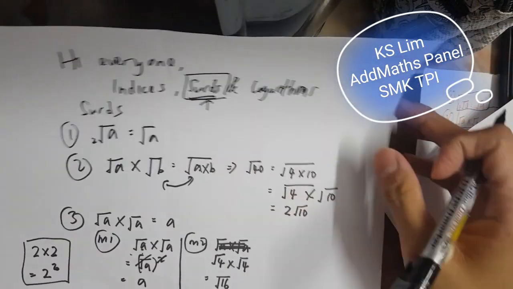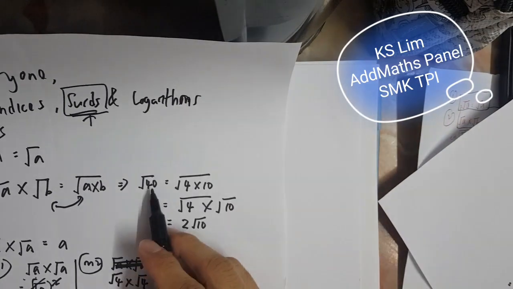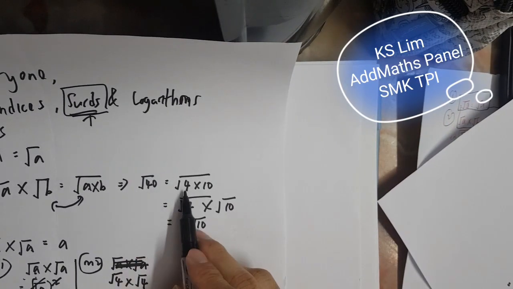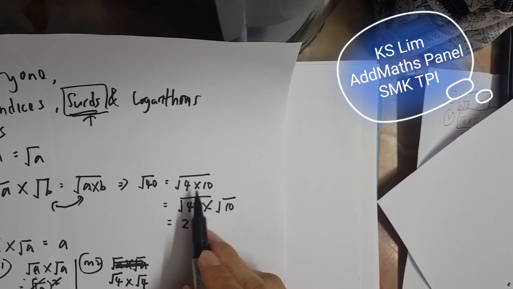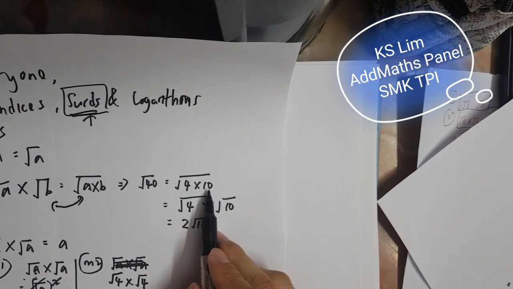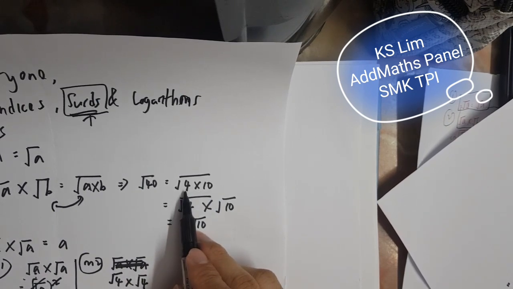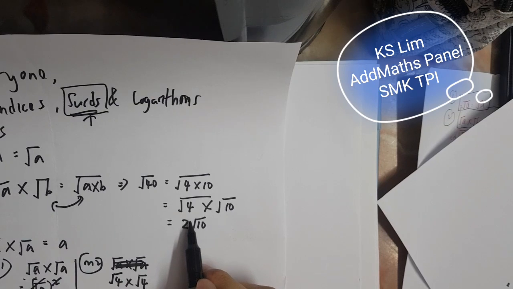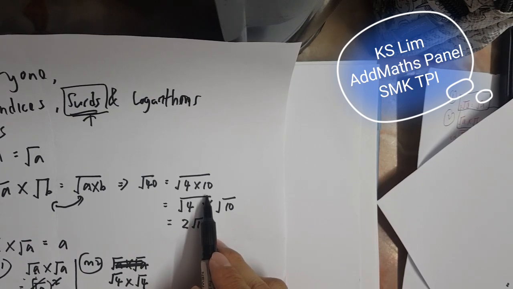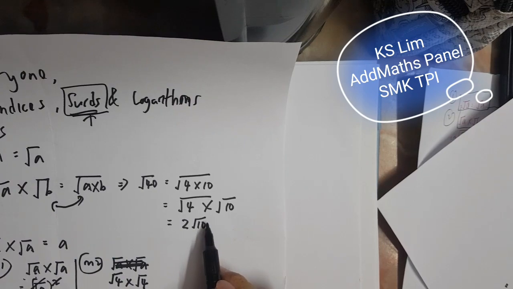Look at this one, square root 40. I can make it become 4 times 10, because square root 4 is 2, right? So 4 times 10, then square root 4 times square root 10, then 2 square root 10.